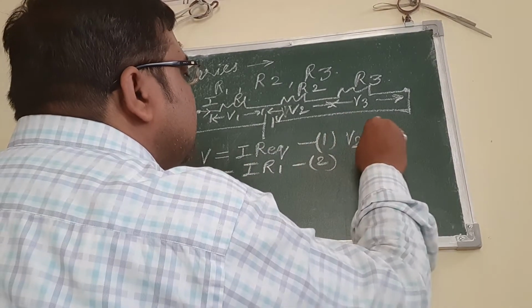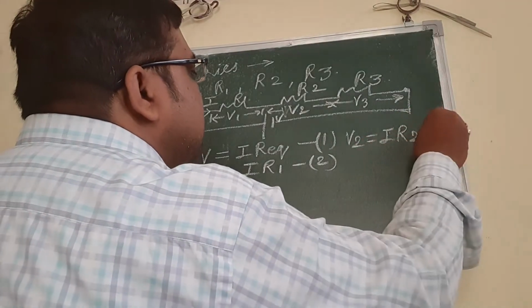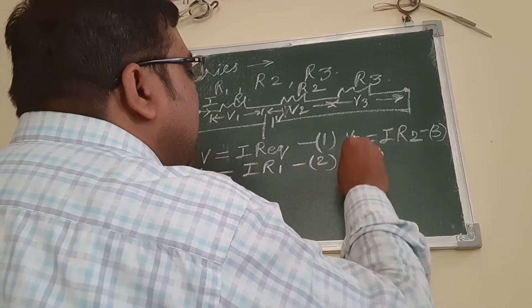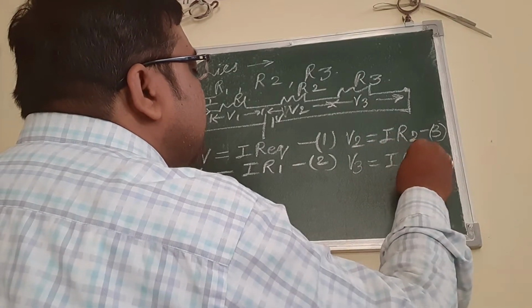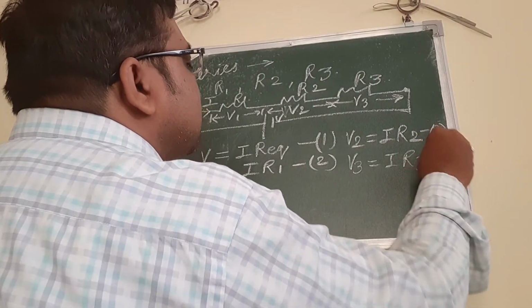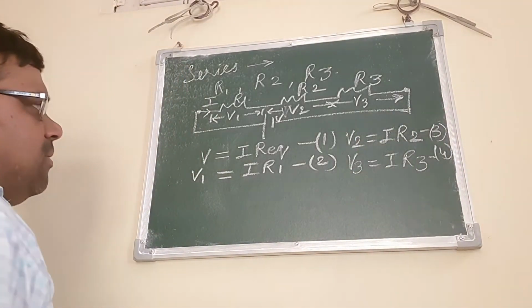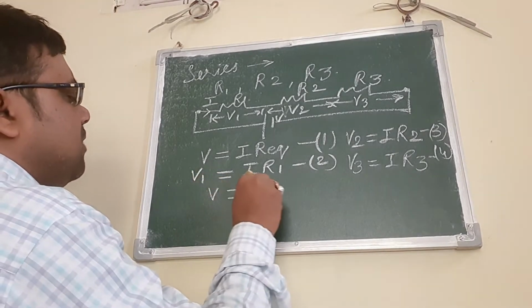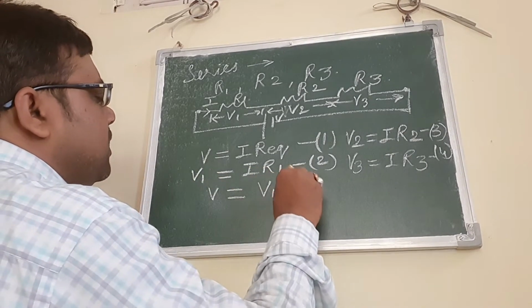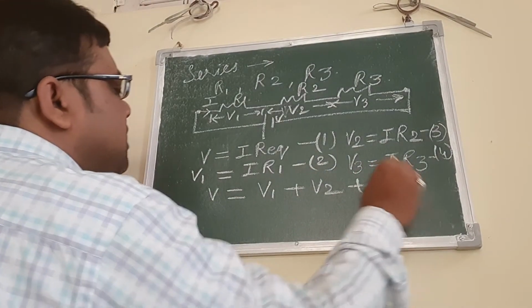V2 is equal to I times R2, this is our third equation. And V3 will be I times R3, this is our fourth equation. Now the voltage will be the sum of the individual voltages. So V is equal to V1 plus V2 plus V3.